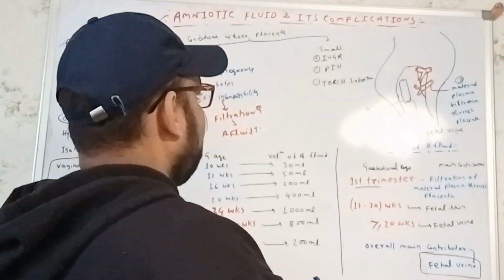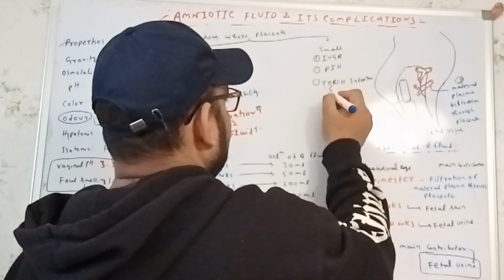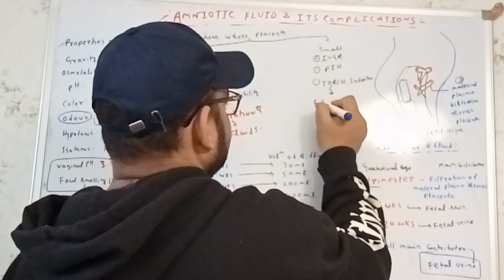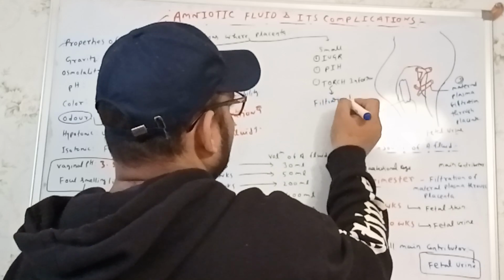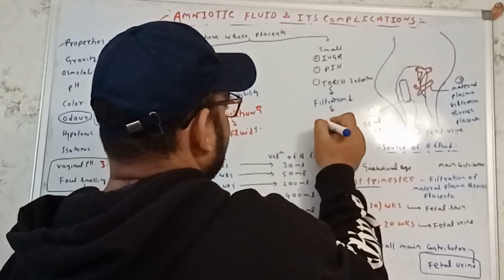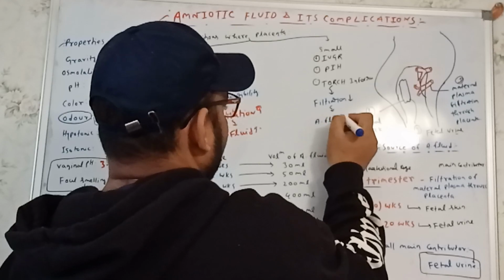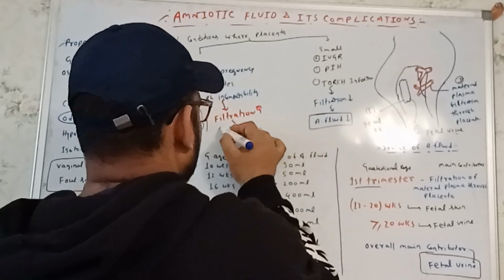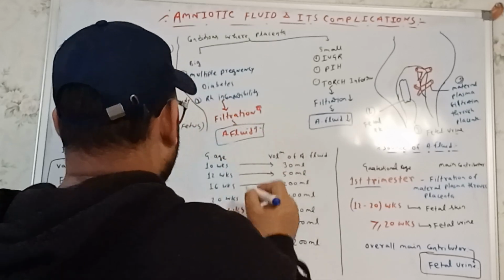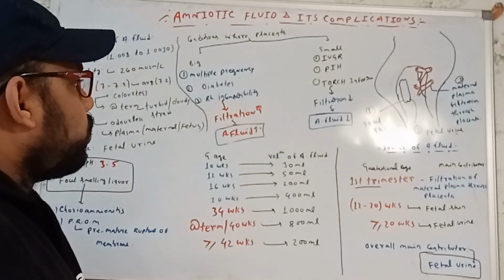So let's write it over here: the filtration will be less, so the amniotic fluid will also be less in these cases. Oligohydramnios, polyhydramnios.